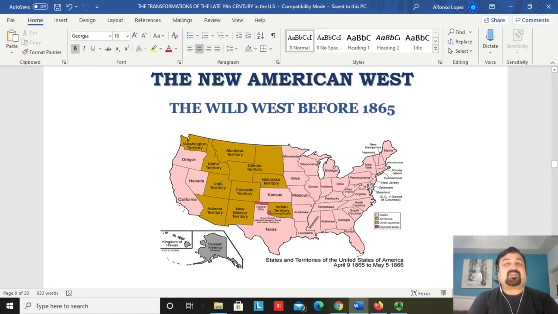This is the area in question when we talk about the so-called Wild West, because at the time of the Civil War, 1860-65, some regions were already developed. For example, Kansas became a state. Kansas really was already transitioning to statehood as early as 1855.